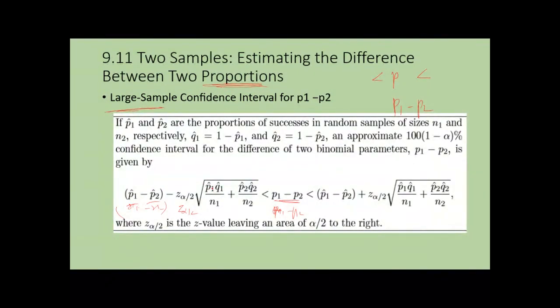And instead of sigma1 squared and sigma2 squared, we have P1 cap Q1 cap and P2 cap Q2 cap, isn't it? You understand the pattern now? It's getting the same. These formulas are looking bigger, but they are very easy to memorize. By practice, it will be memorized.